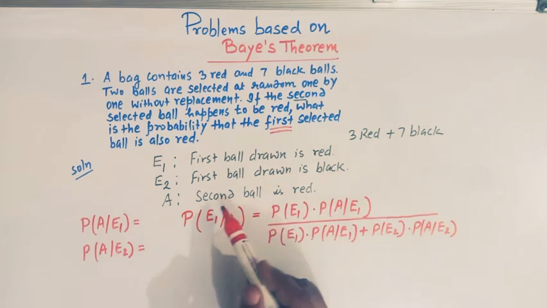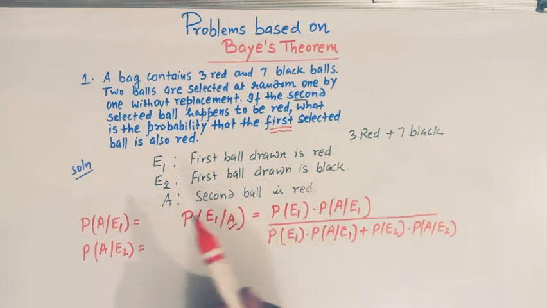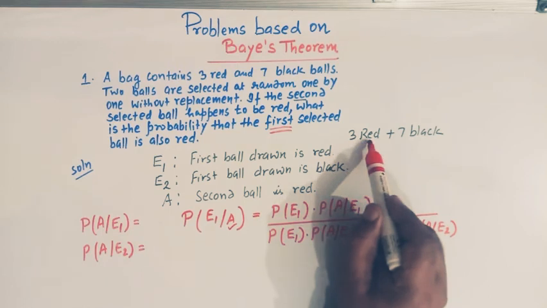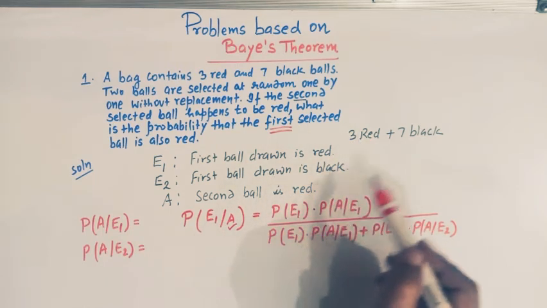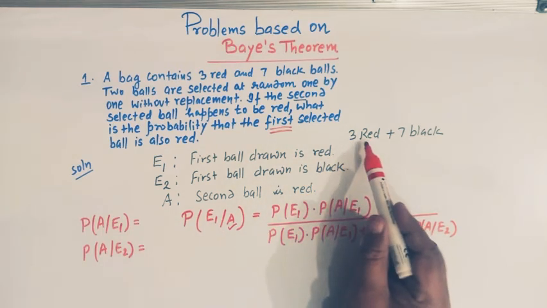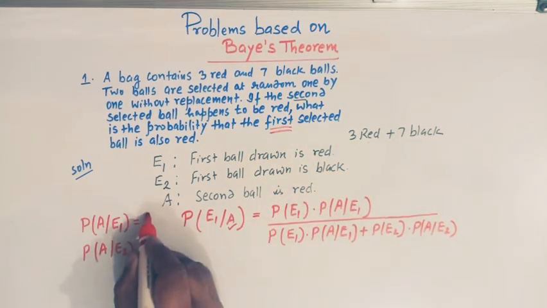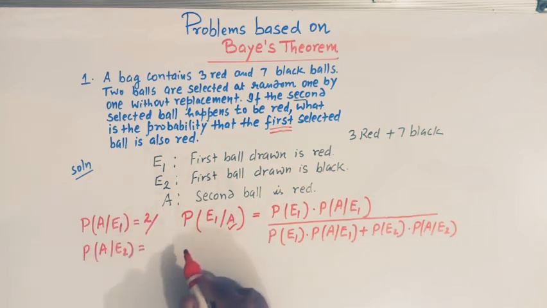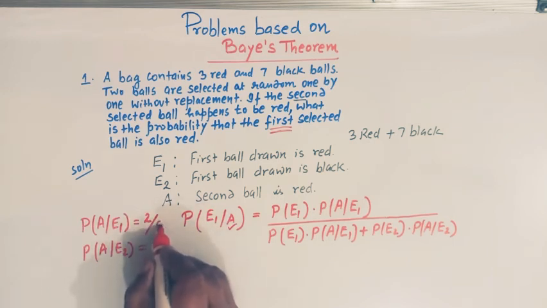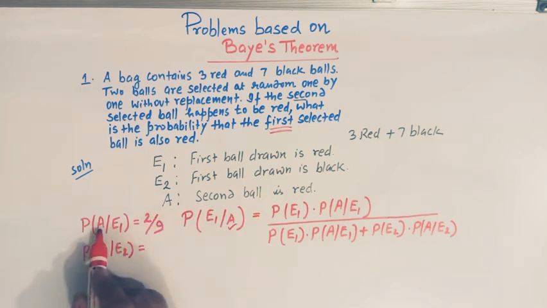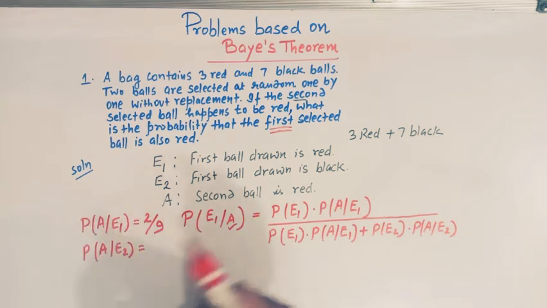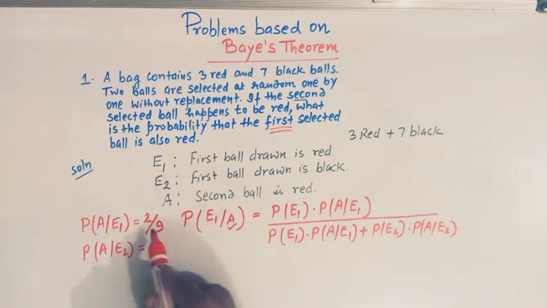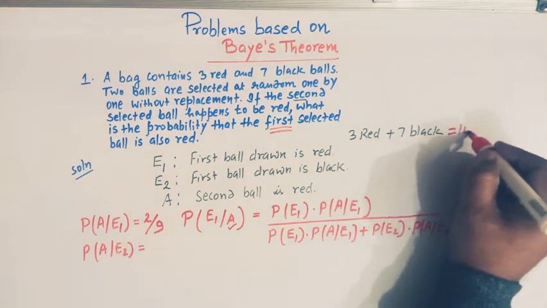The first ball is red, so we had 3 red balls, and now the total number of red balls is 2, and the total number of balls is 9, because in the second draw the total number of balls will be 9. Originally the total number of balls is 10.